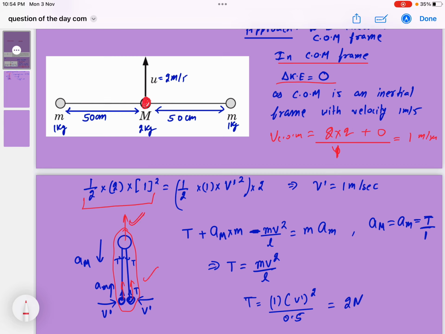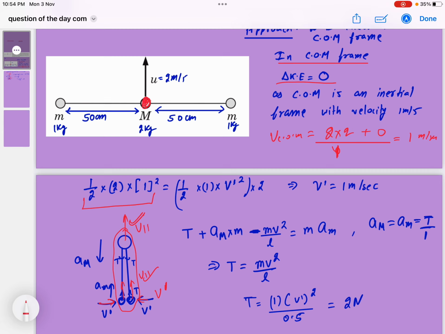So in the center of mass frame, the only velocities of the end discs are due to which they are about to collide. This component we call v dash, and their parallel components are equal to the velocity of the center of mass, because of no relative motion.